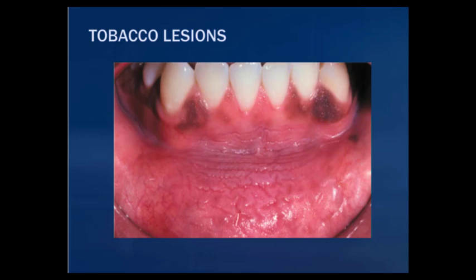So this is a mild case of a tobacco lesion. You're going to see this all the time, and people who use dip tobacco almost always have a tobacco lesion. So removal of that irritant is what we would do to treat these lesions, and as I mentioned before, if you remove the irritant, the body heals very quickly, and you would see a pretty good resolution of that within a very short amount of time.